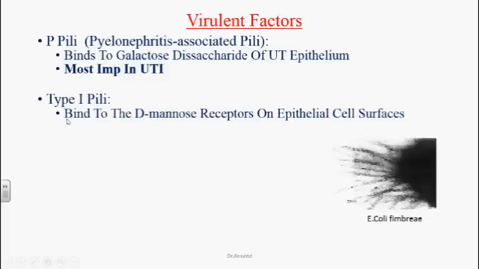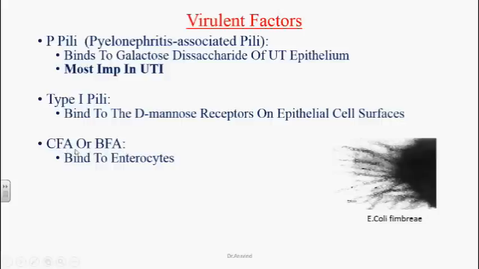This organism also has another variety of pili, type 1 pili, which can bind to D-mannose receptors, always seen on epithelial cells of humans. Another type of pili is CFA or BFA. CFA refers to colonizing factor antigen, and BFA refers to bundle forming antigens.